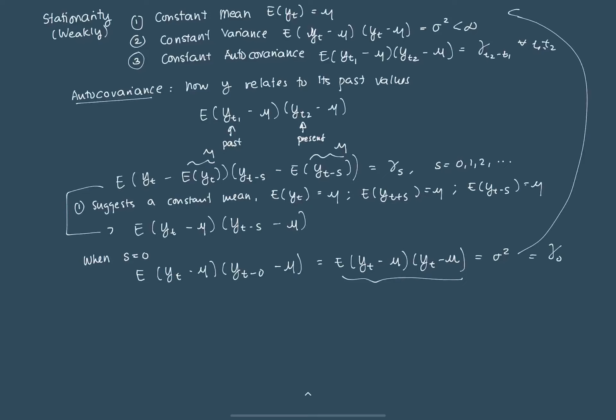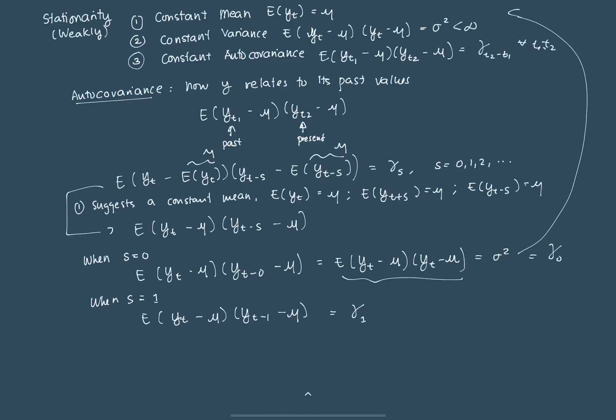Say for example, when s is equal to 1, the expected value of yt minus mu times yt minus 1 minus mu is gamma 1, or the autocovariance at lag 1.